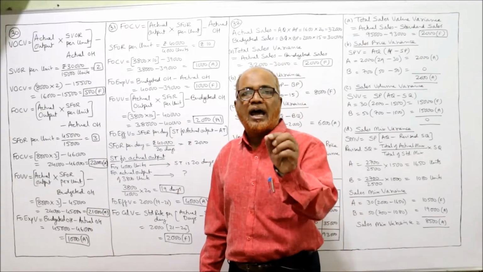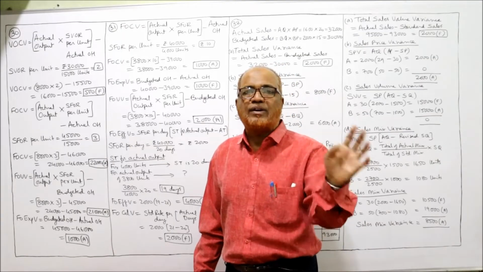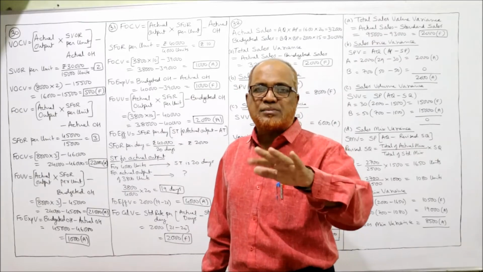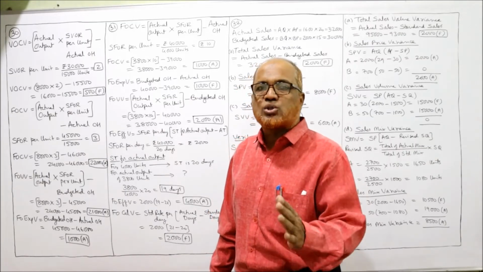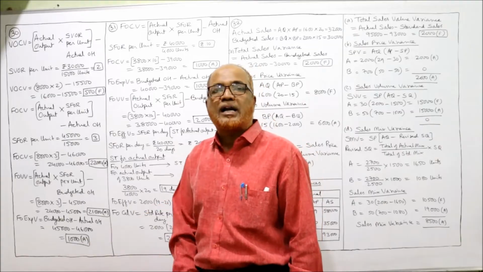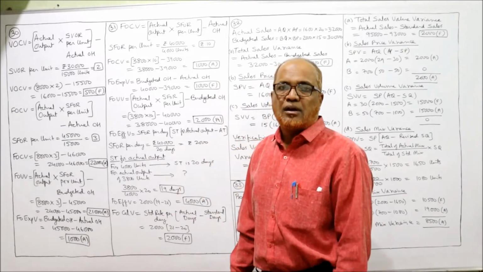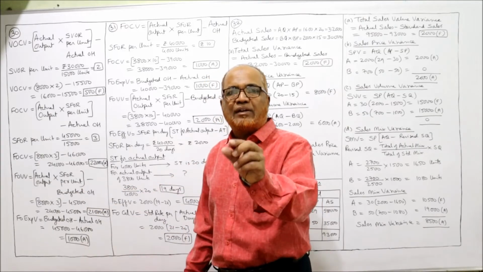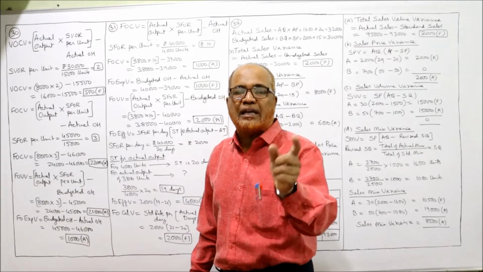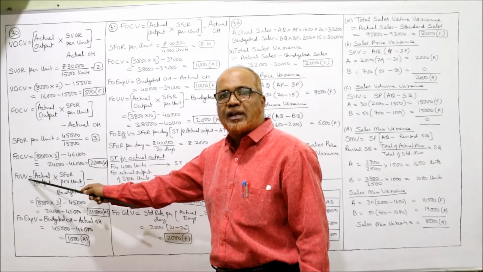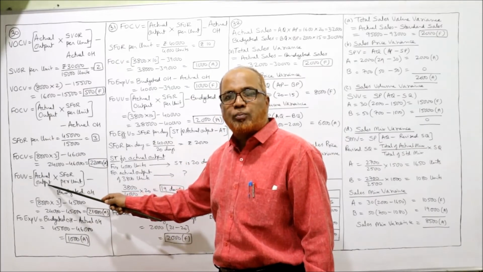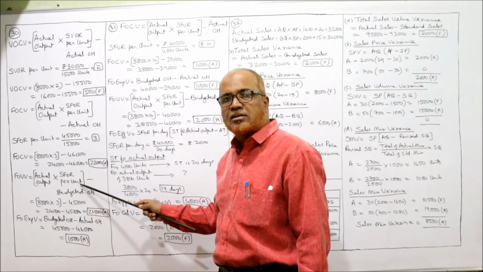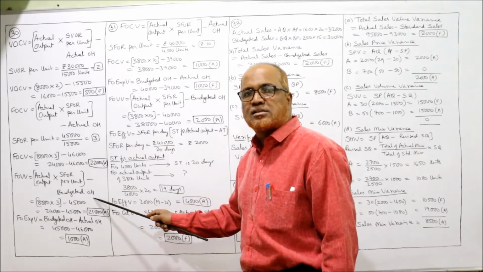What we got is FOCV, fixed overhead cost variance. Now fixed overhead cost variance is bifurcated into fixed overhead volume variance and fixed overhead expenditure variance. Now fixed overhead volume variance, FOVV. VV stands for volume variance. The fixed overhead volume variance is equal to actual output into standard fixed overhead rate per unit minus budgeted overheads.